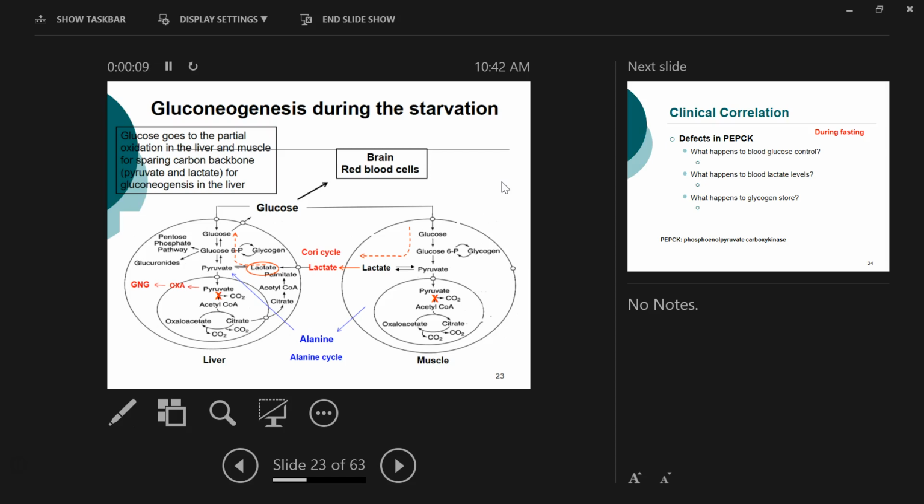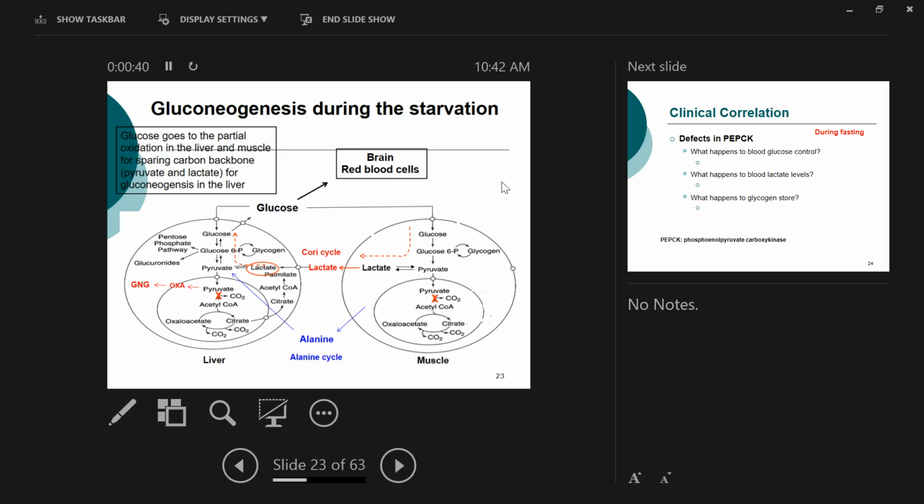And we talked about glycolytic pathways and the gluconeogenic pathway. These two pathways are kind of opposite in terms of their function. Glycolysis is active during the fed condition, and its purpose is to oxidize glucose and produce energy.